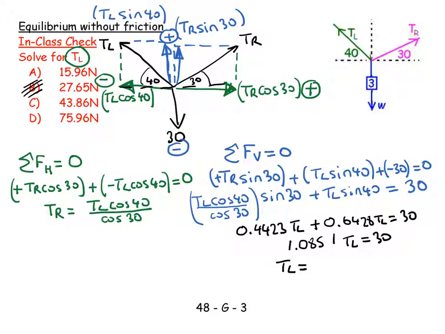So TL is equal to 30 divided by 1.085, which equals, so I'm going to go 30 divided by 1.085, and I'm going to get 27.65 newtons.